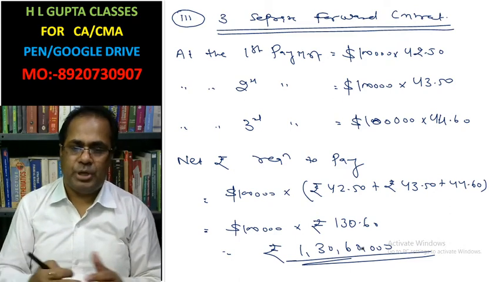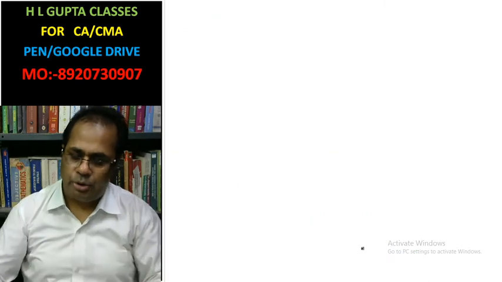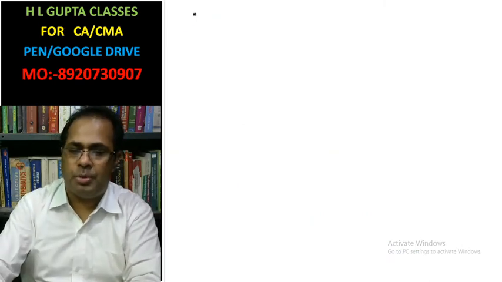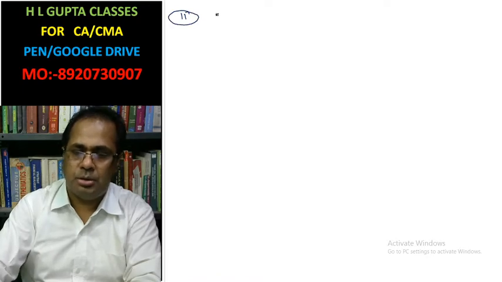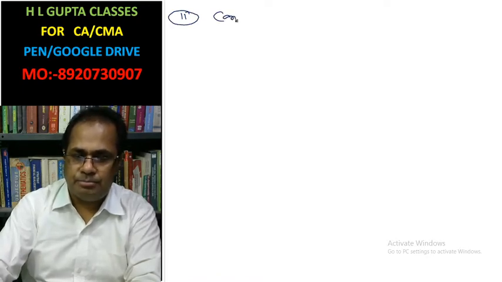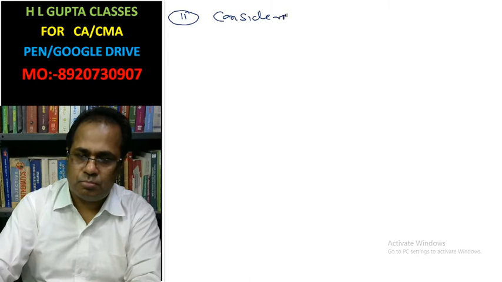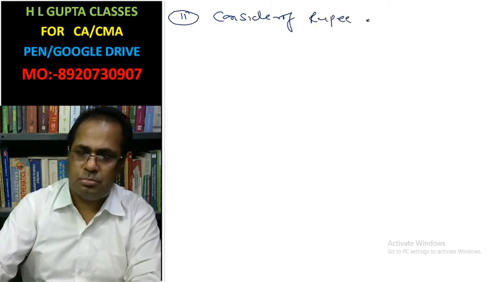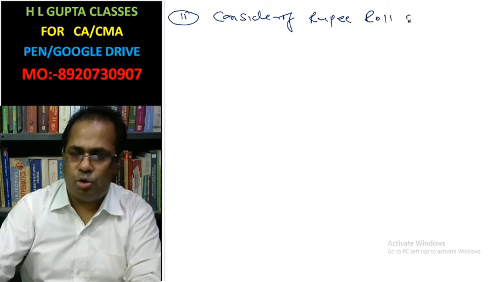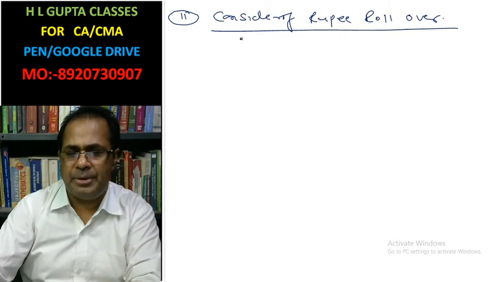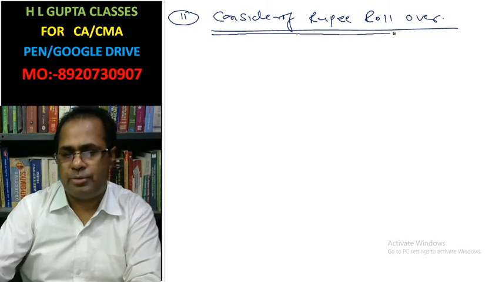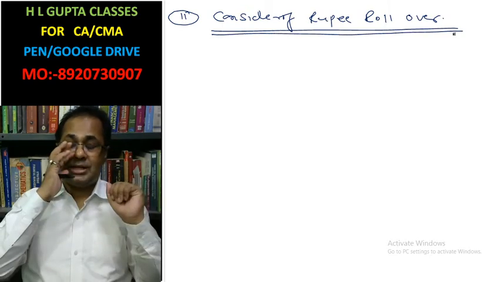Okay, now I am going to make you understand rupee rollover. That is the most important part here. Considering rupee rollover, this concept CMA Institutes wants to make you understand. Please try to understand.